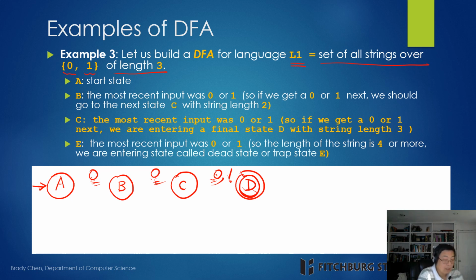So now let's come down to the diagram. We find out state A will go to state B for input 0. And for input 1, we also go to B, right? It doesn't really matter whether 0 or 1, because what matters is the length.